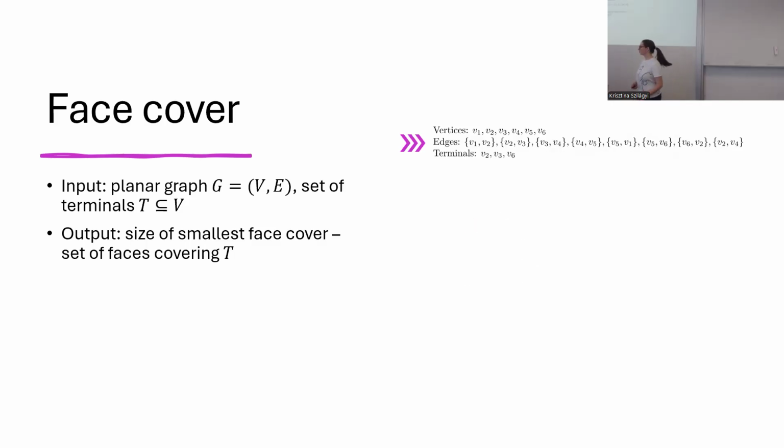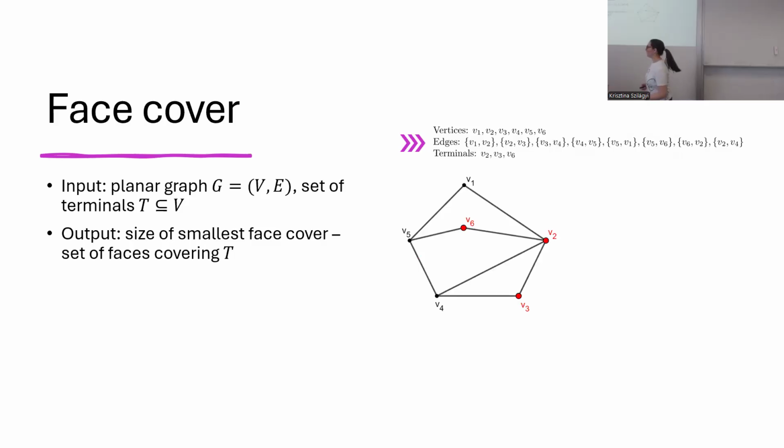We are just given some graph as a list of 6 vertices and these edges and these terminals. And we might draw it like this. This is just one planar embedding where the red vertices are terminals. And in this embedding, we cannot cover all the terminals with one face.